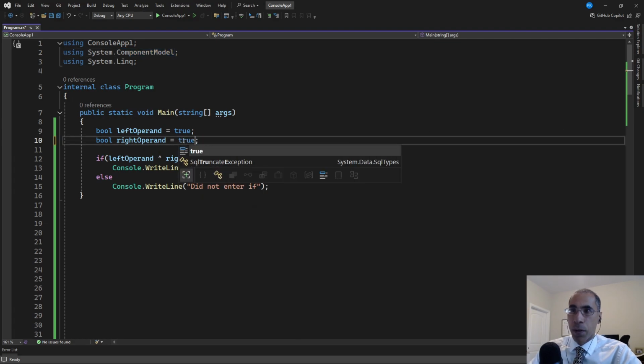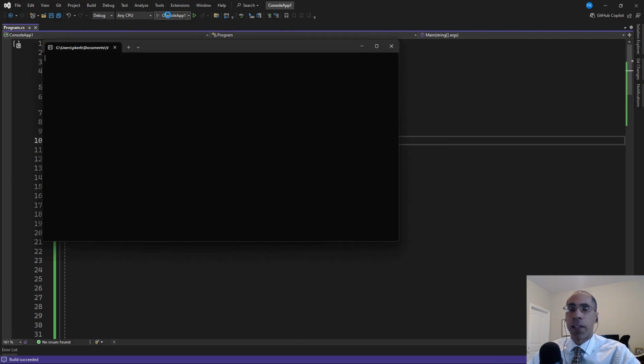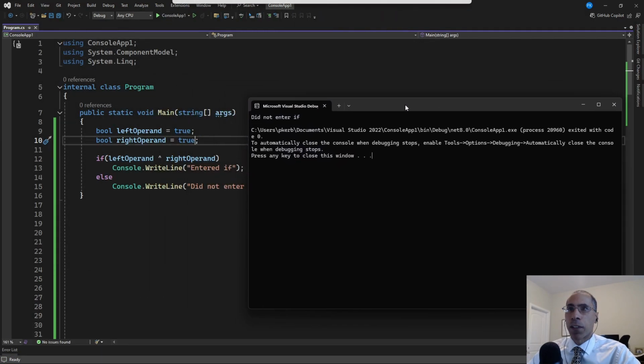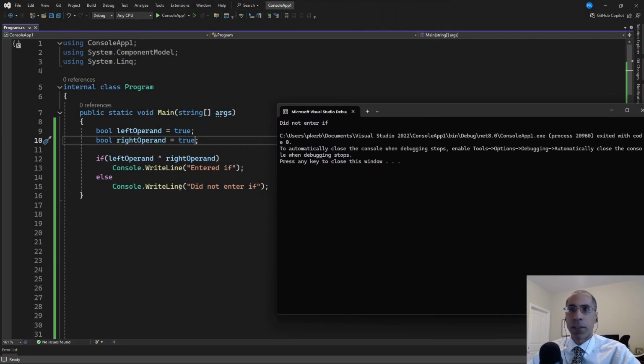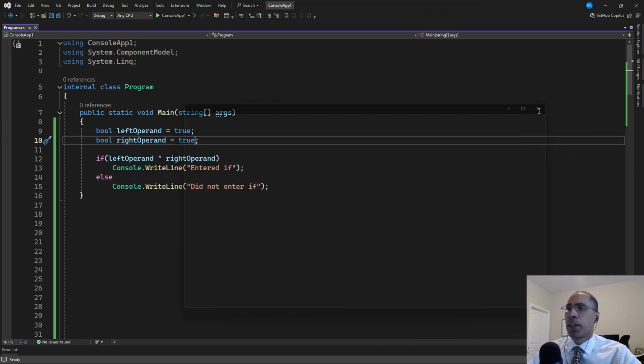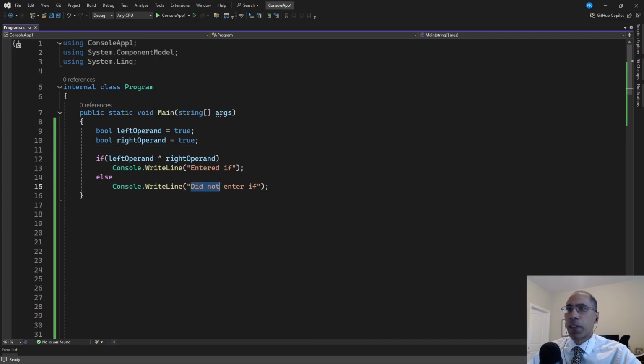If they were to both be true, that would fail exclusive OR. And it actually doesn't go into the if statement, it goes into the else portion. It did not enter if. Let's change that to else.